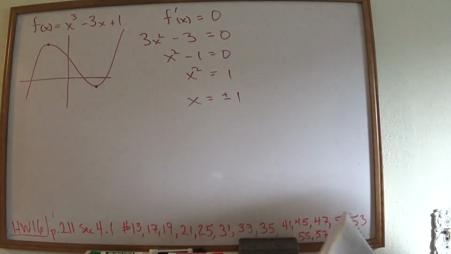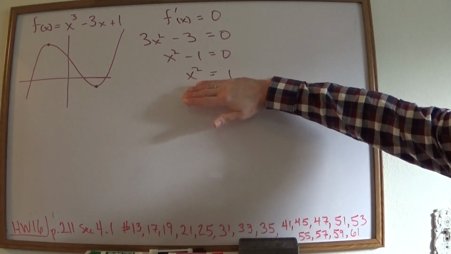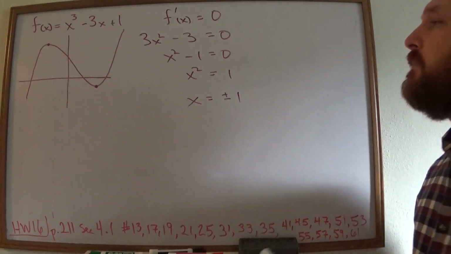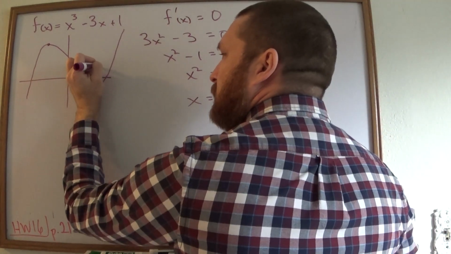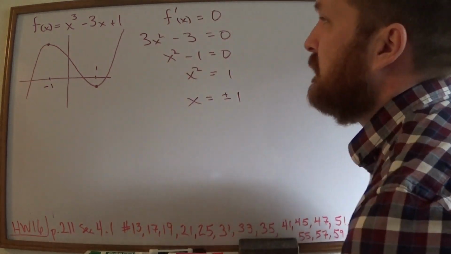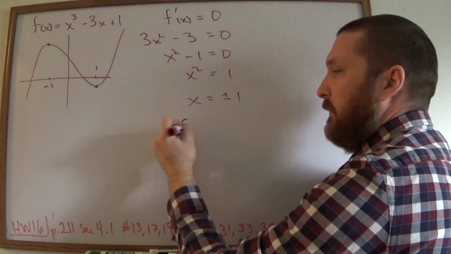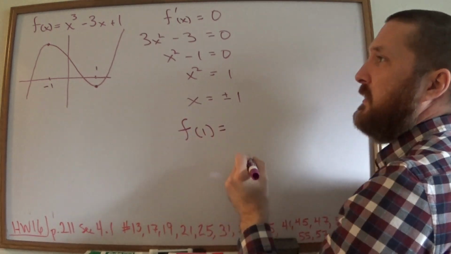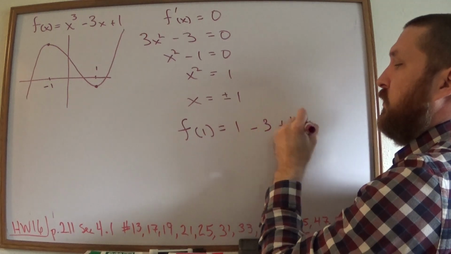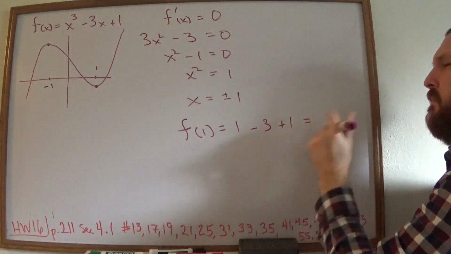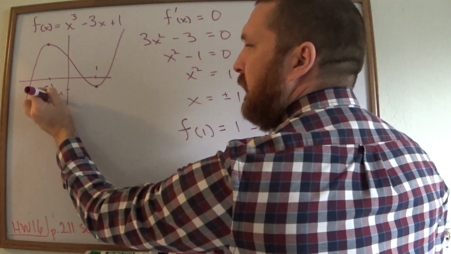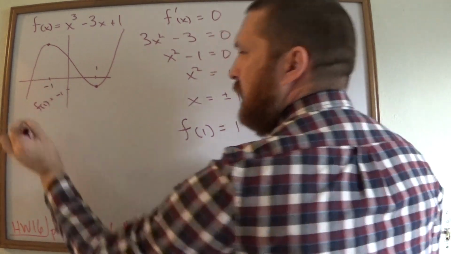If you stop at this point and say, oh, therefore x equals 1, obviously you didn't get the whole story. One of them occurs at plus 1, the other occurs at minus 1. What are their values? Plug them in. Let's plug the 1 in and see what we get: 1 minus 3 plus 1, which is minus 1. I'm going to write that as f of 1.